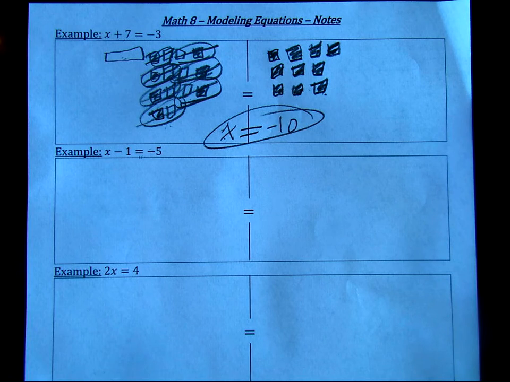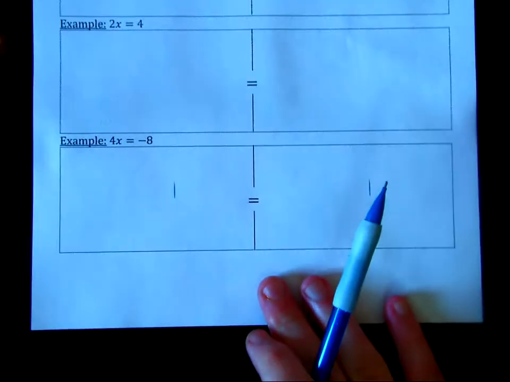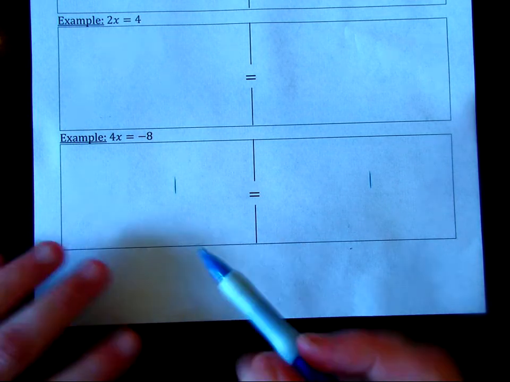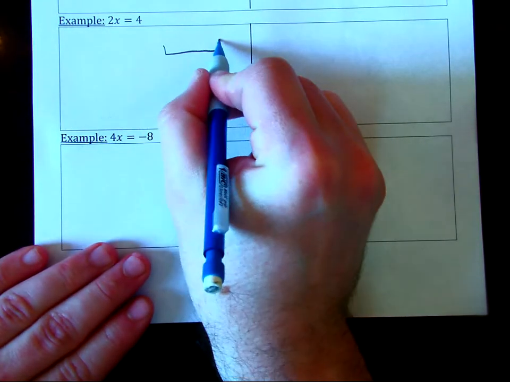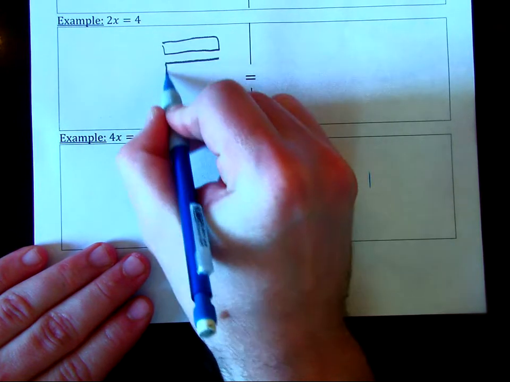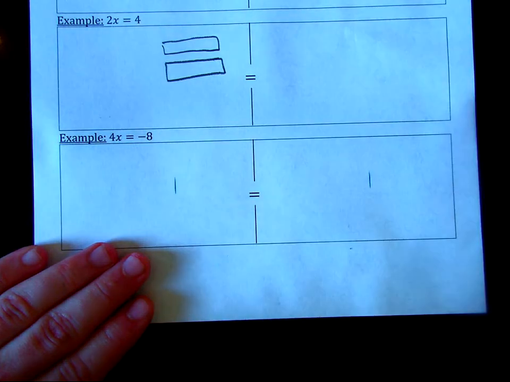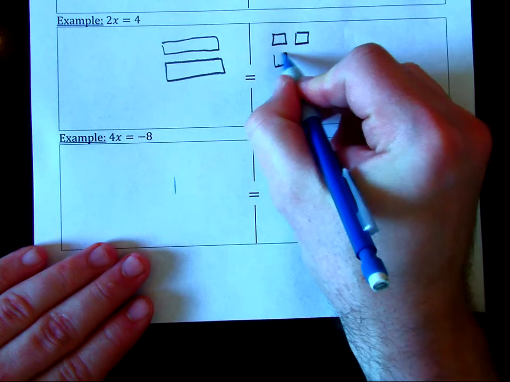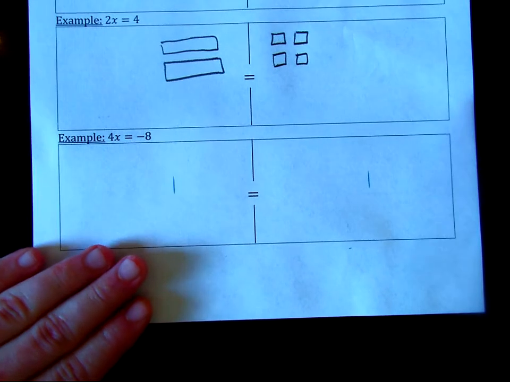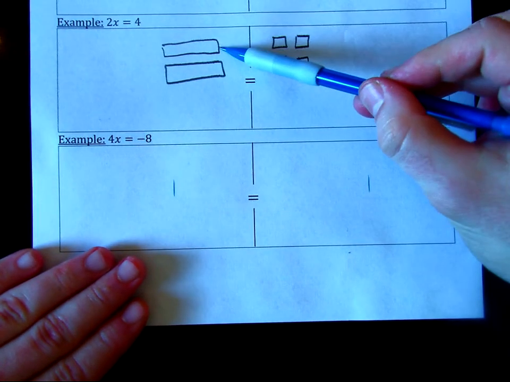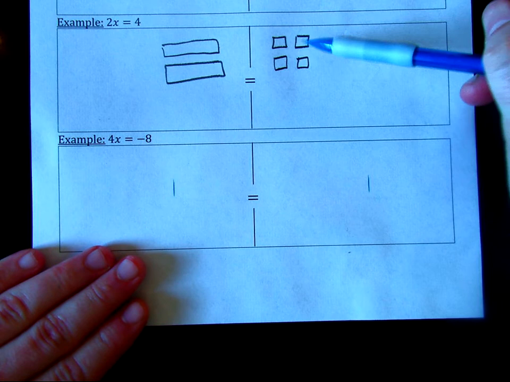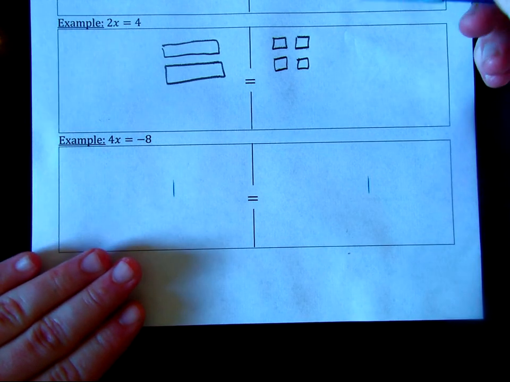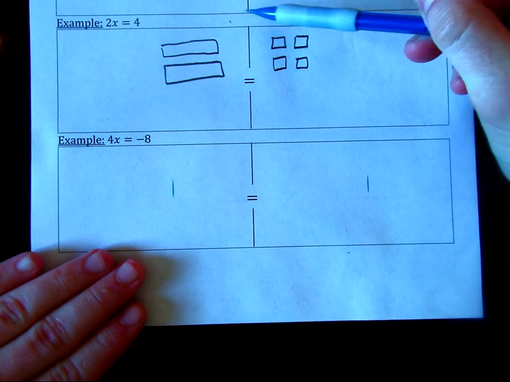This same idea works for multiplication and division. I'm going to model this first, and so we have 2x, 2 positive x's, and then I have 1, 2, 3, 4. So what I'm trying to do with this is I'm saying 2 x's equals 4 1's. So how can I split this or group this so I'm looking for one variable equals a value?